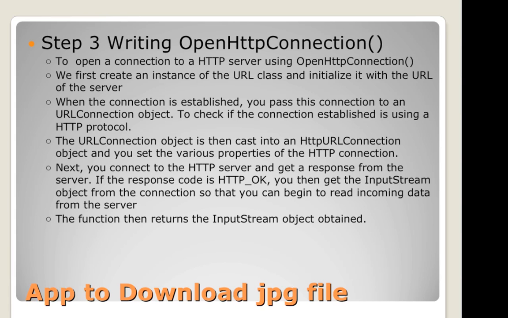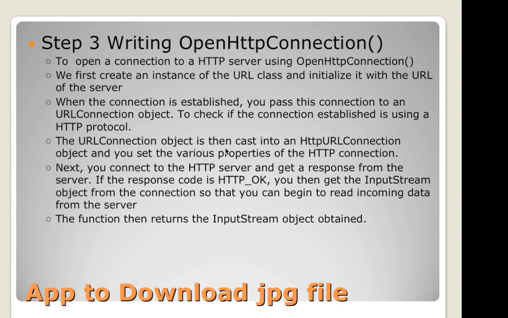So there's two separate objects that are used together. One's the actual address, the other one's the connection, the HTTP protocol that's establishing that connection. You're going to check to see if the connection is established by using this protocol itself. And then the URLConnection object is going to be cast onto the HttpURLConnection. So they both work together.